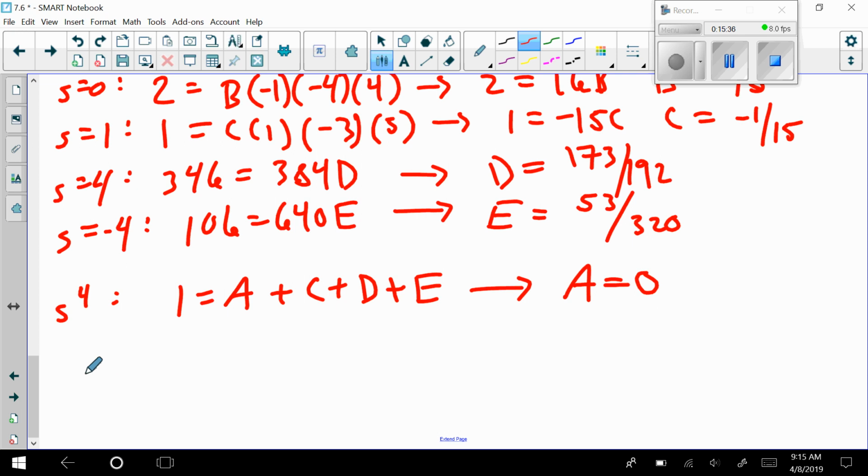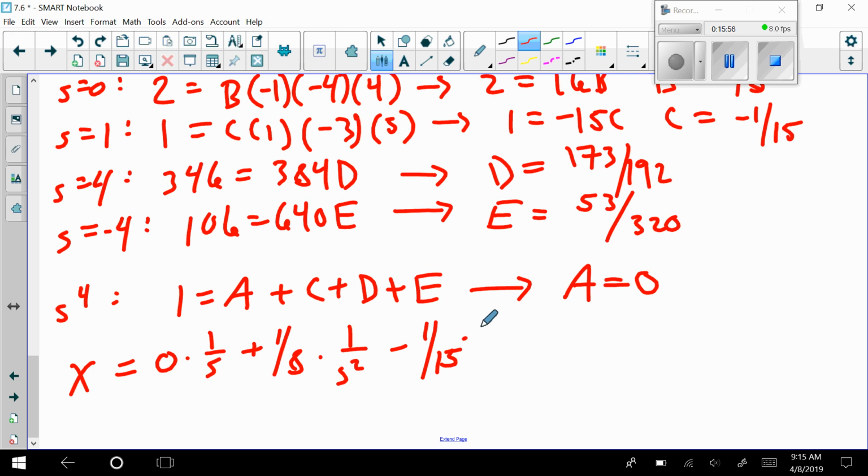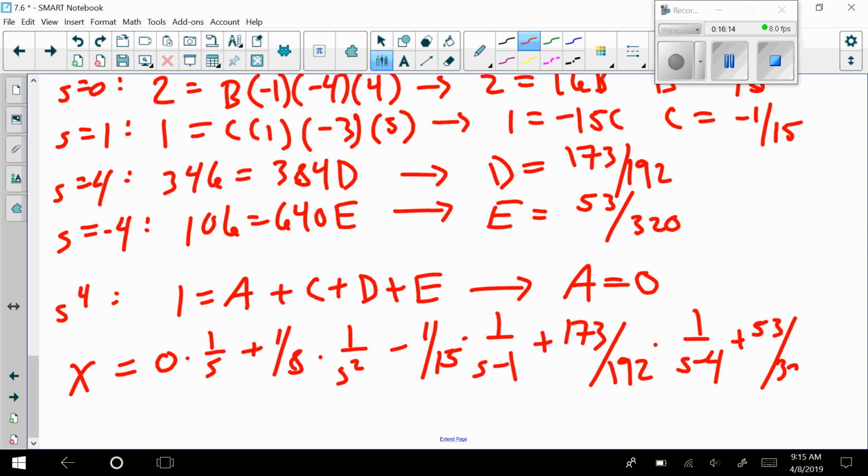Writing this thing out now, I have X is equal, that's a big X, is 0 times 1 over s plus 1/8 times 1 over s squared minus 1/15 times 1 over s minus 1 plus 173/192 times 1 over s minus 4 plus 53/320 times 1 over s plus 4.